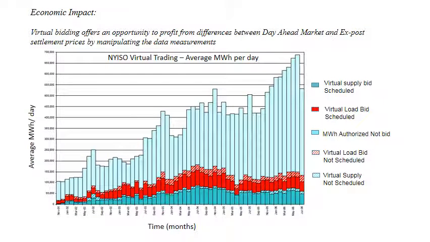So what will be the motivation for an attack? This could be economic. One of the possible ways to profit from an attack is virtual bidding, a mechanism set in the markets to adjust the difference between the day-ahead market and the real-time prices, because usually there is a gap between the bids in the day-ahead market and the final settlement, and virtual bidding tries to decrease the difference between them.